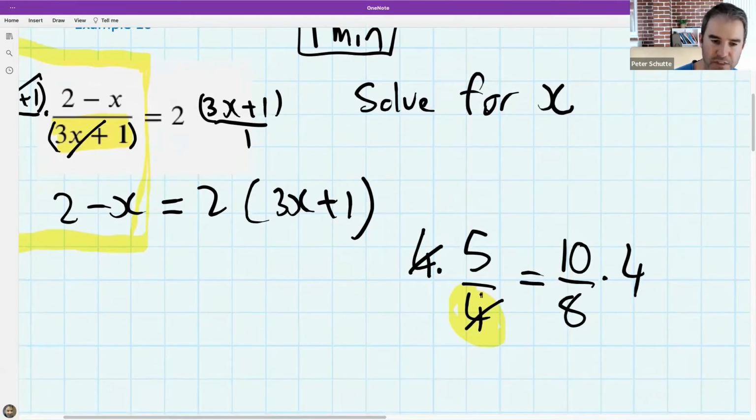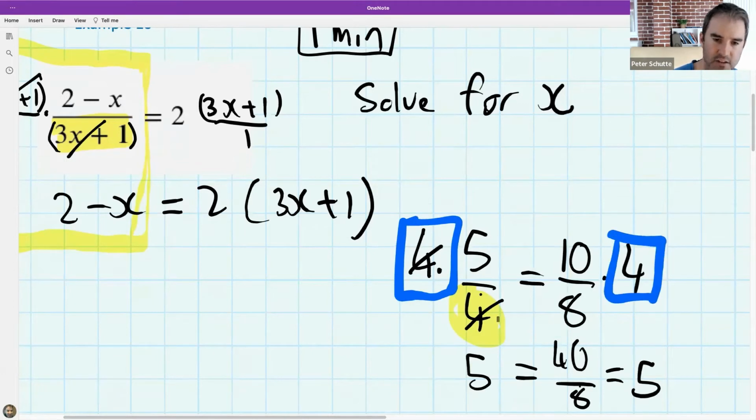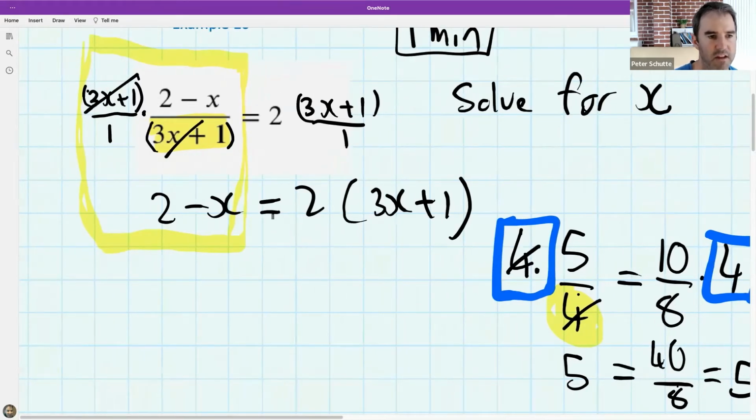And so now, if you look at this little equation I made up, this equation is still true because 4 times 10 is 40, and 40 over 8 is still 5. So all I was doing was multiplying by the denominator that was down here, and I was doing it to both sides so that I could get rid of the 3x plus 1. And you'll see that it magically appears on this side.